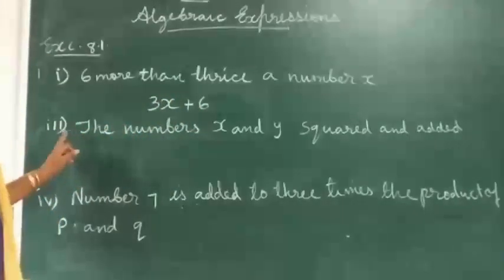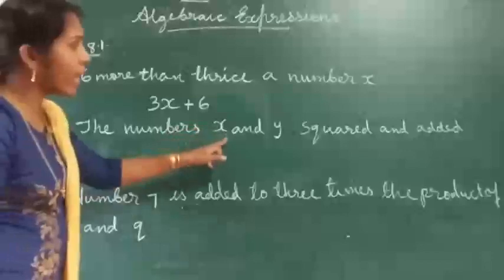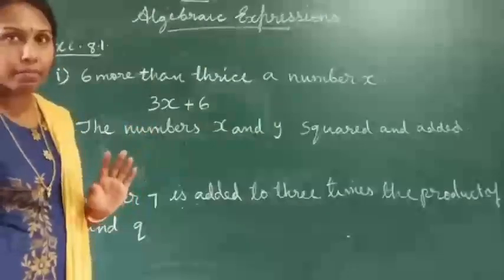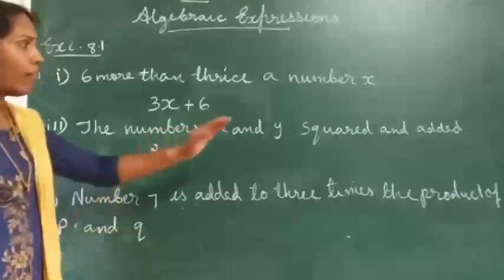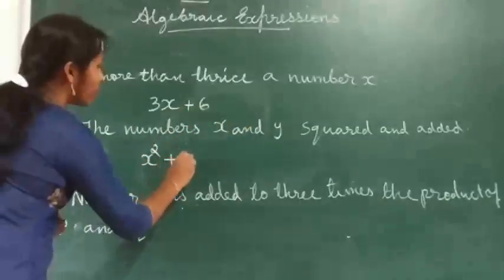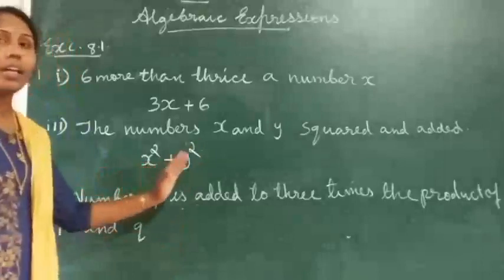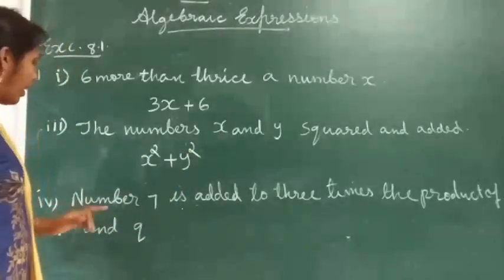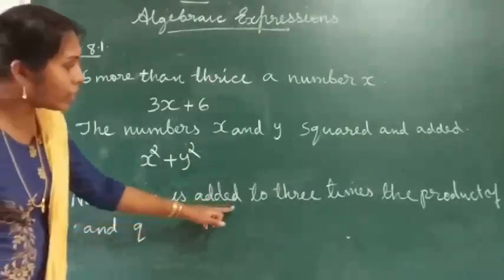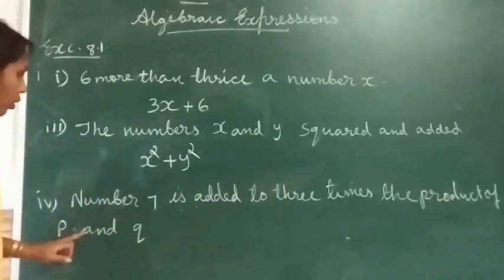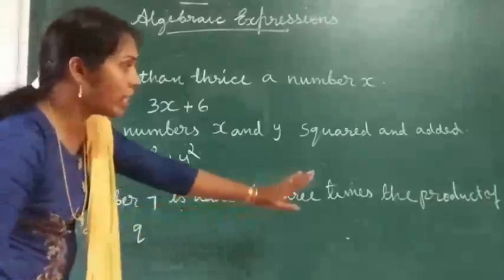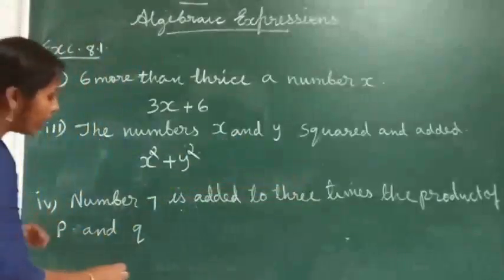Now the third question: the numbers x and y are squared and added. When x is squared, it is x square, and when y is squared, it is y square. So x and y are squared and added. Now number 4: 7 is added to 3 times the product of p and q. First of all consider the product of p and q, that is pq.